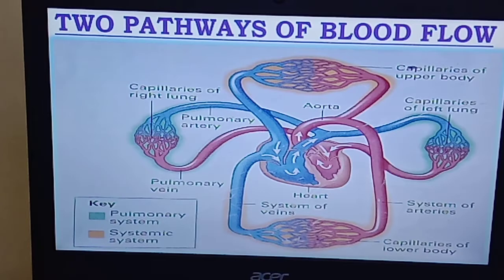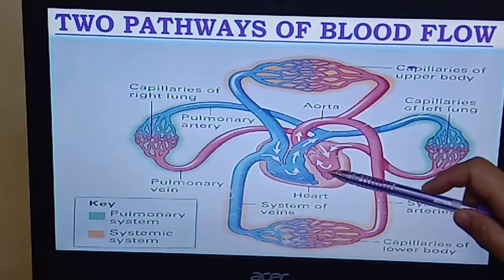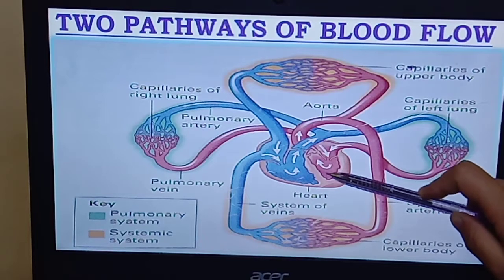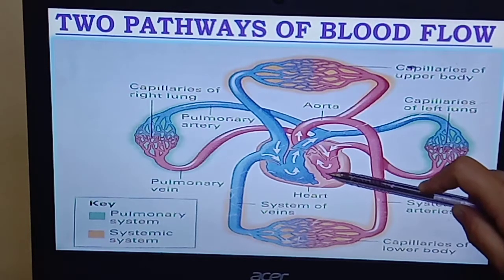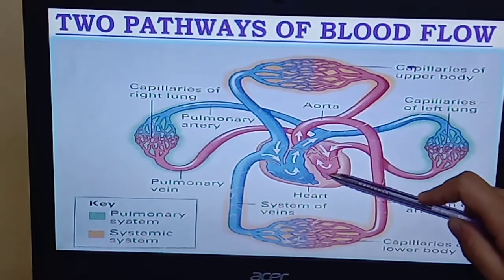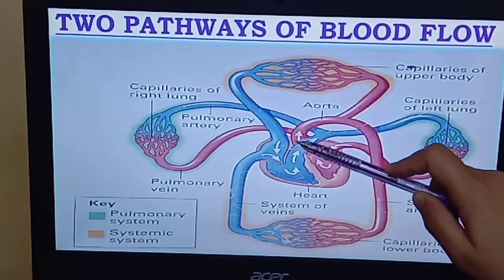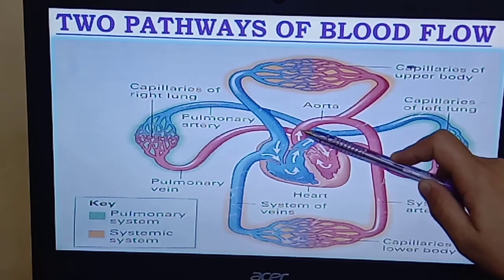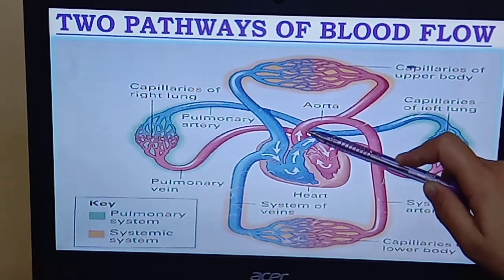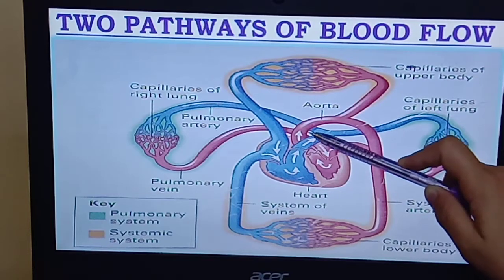systemic circulation. The oxygen-rich blood flows from the left side of the heart through the aorta. So this is the left side, through the aorta. The arrow here, through the aorta, which supplies oxygen-rich blood to all parts of the body.